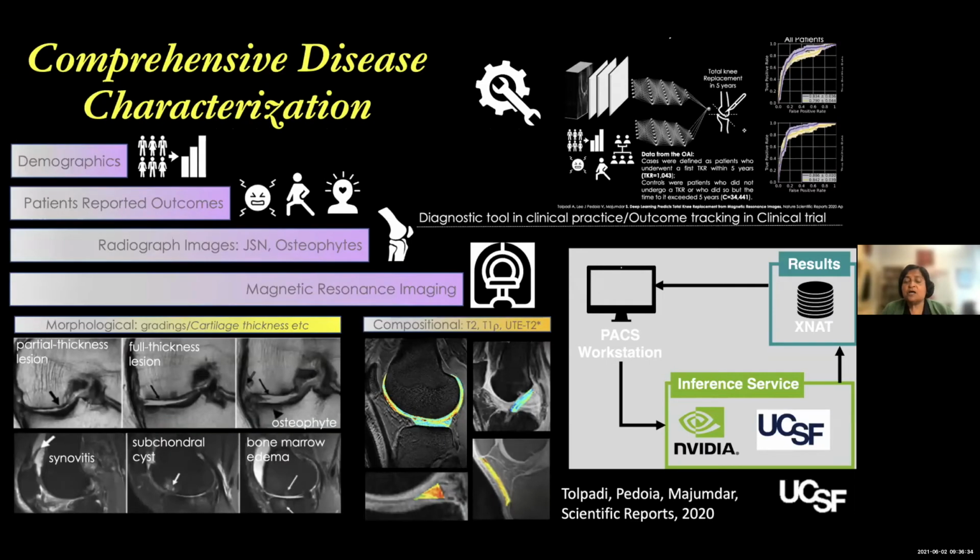So what is possible with AI and magnetic resonance imaging and all the data that can be collected? It is the comprehensive disease characterization of joint degeneration, which includes the demographics, the patient-reported outcomes, lesions, the compositional information.